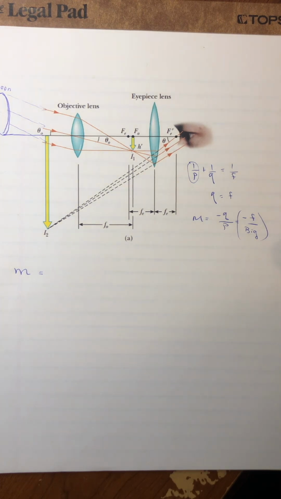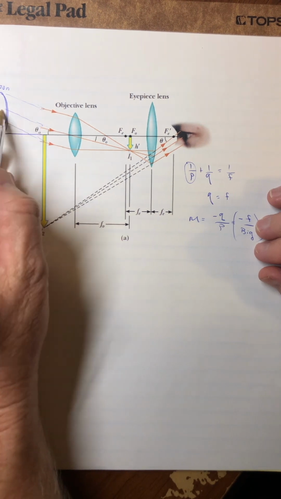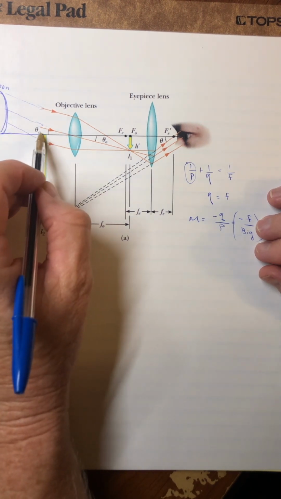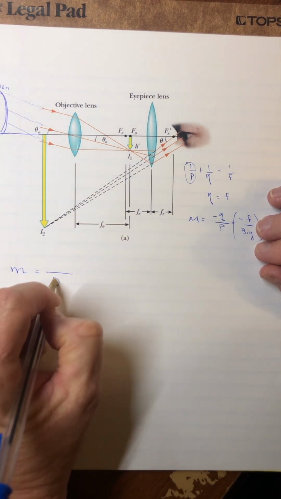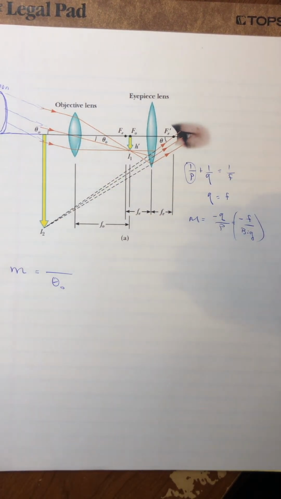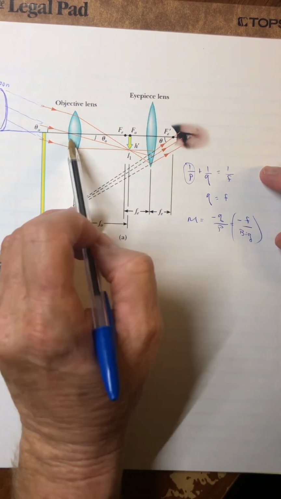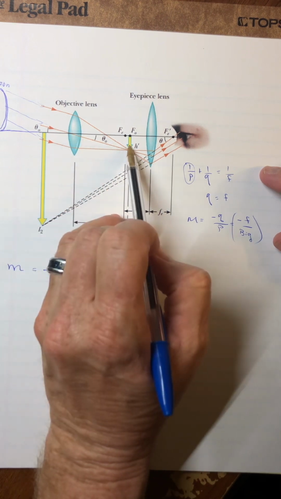And so I'm going to use this argument here: if I was looking out at the moon, here's the light, and it makes this angle theta naught. So that's the best I can see without any optics. But then, with my optics, I made an image of the moon from this objective lens right here.